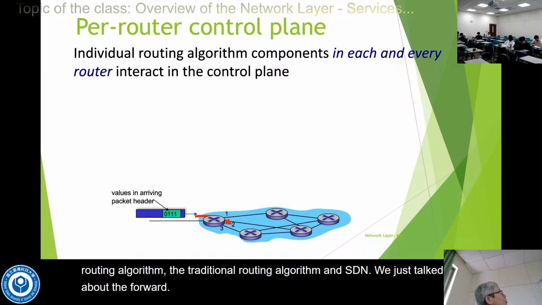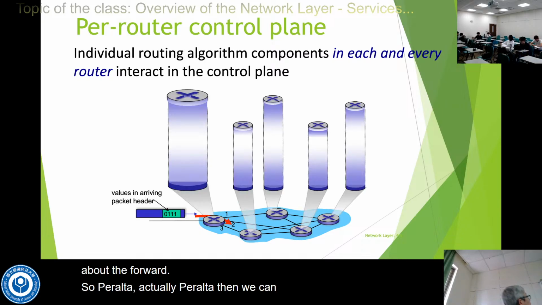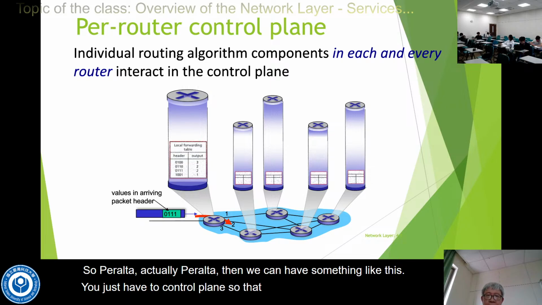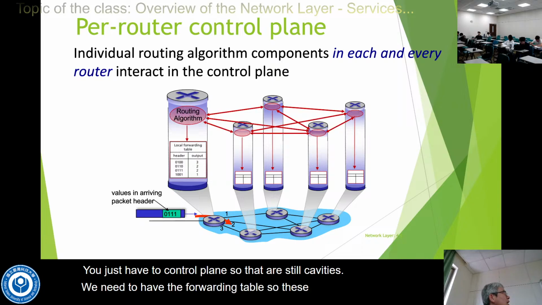So per router, we can have something like this. Let us look at this. We need to have the forwarding table. This forwarding table actually is the data plane.